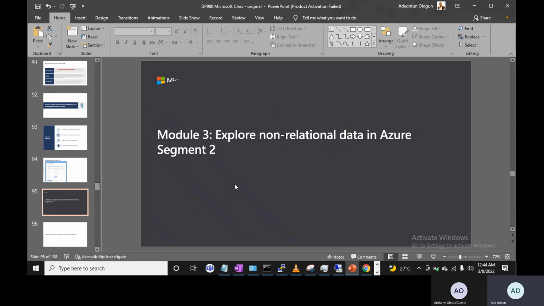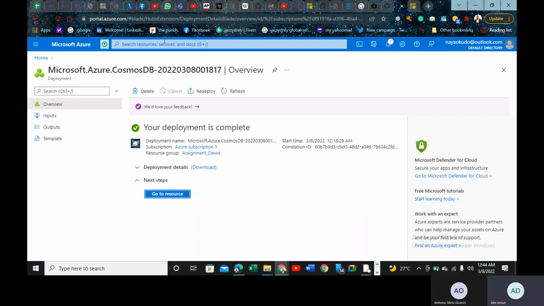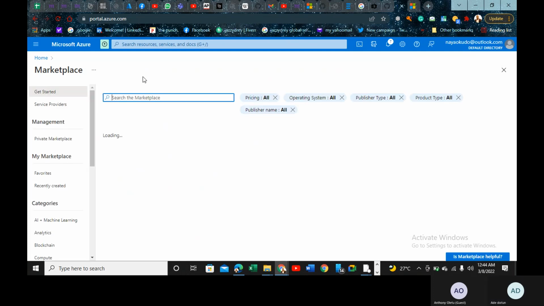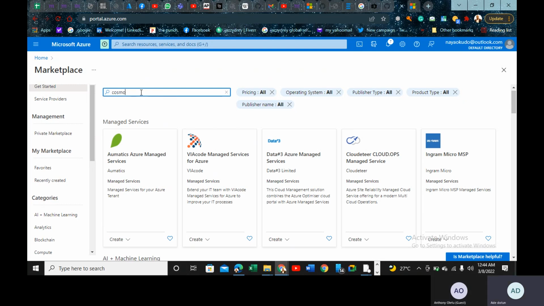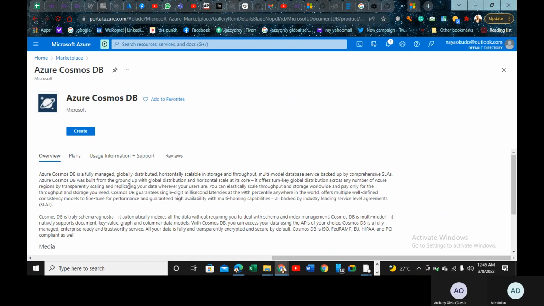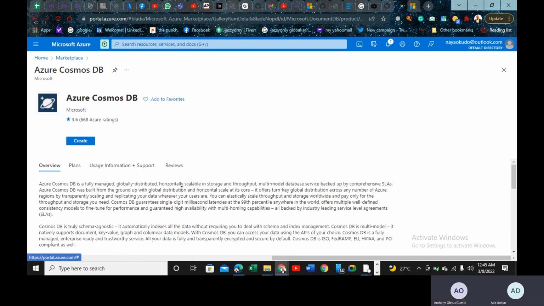If I go back to marketplace and say I want to deploy another CosmosDB, you see CosmosDB is a fully managed, globally distributed, horizontally scalable in storage, multi-model database service backed by comprehensive SLAs.